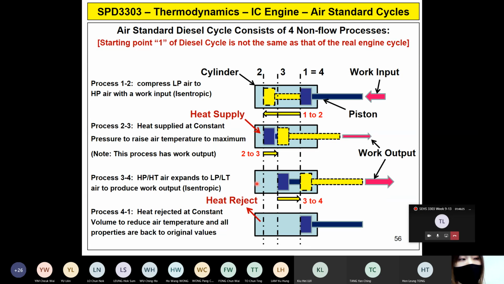Adiabatic means no heat. So, in this process, high temperature and high pressure air expands to low pressure and low temperature air. And at the same time, you obtain the work output during this isentropic process.